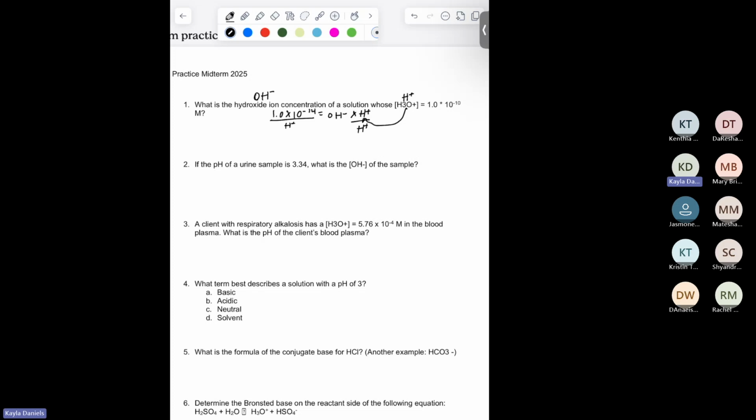In my calculator, I'm doing 1.0 times 10 to the negative 14 divided by H plus, 1.0 times 10 to the negative 10, making sure I'm using parentheses or else stuff will get lost. When I do this, I got 1.0 times 10 to the negative fourth big M.